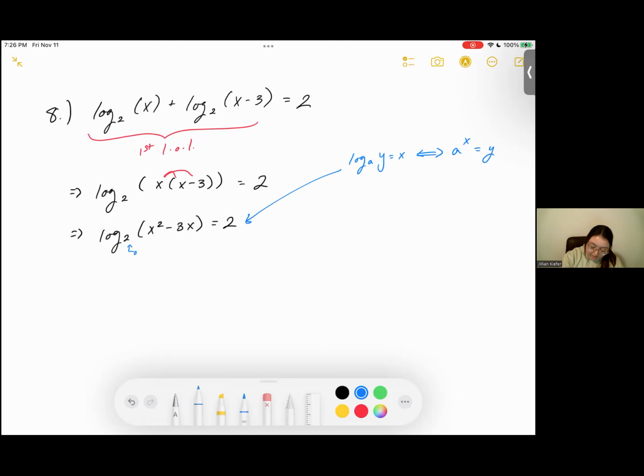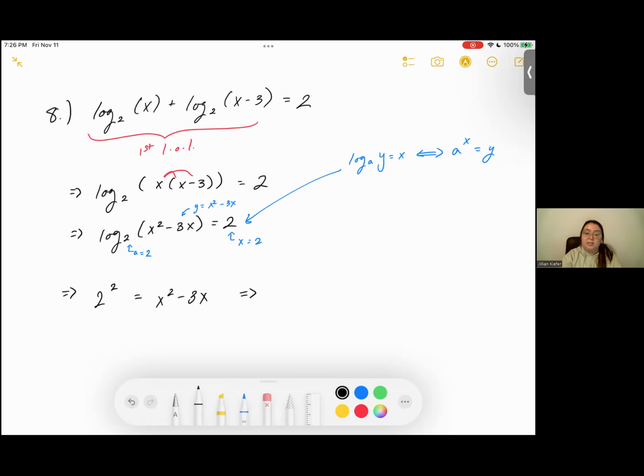We see that a is 2, x is also 2, and y in this case is x squared minus 3x. So we can rewrite our logarithm in exponential form in order to get rid of the logarithm. We have a to the power of x, which will be 2 to the power of 2, is equal to y, which is x squared minus 3x.